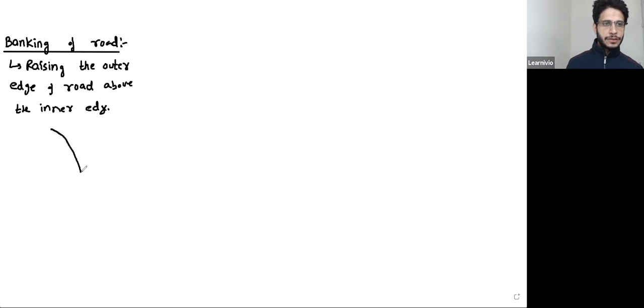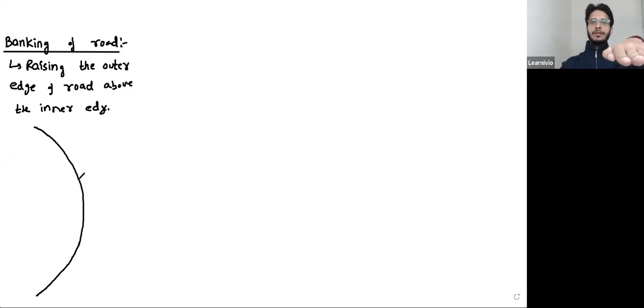So this is the circular turn. Now this diagram should be a three-dimensional diagram basically. This is the inner turn. The outer should be raised with respect to the inner turn.